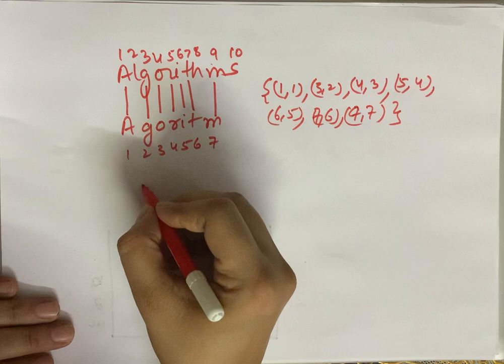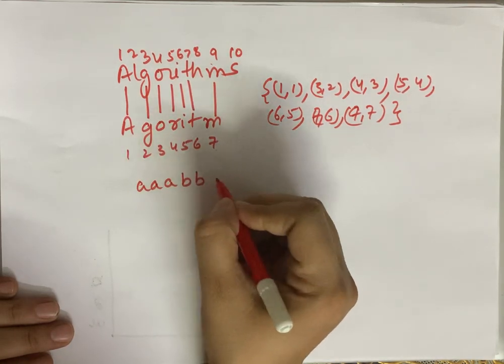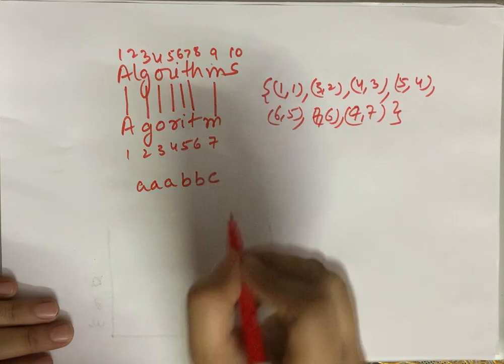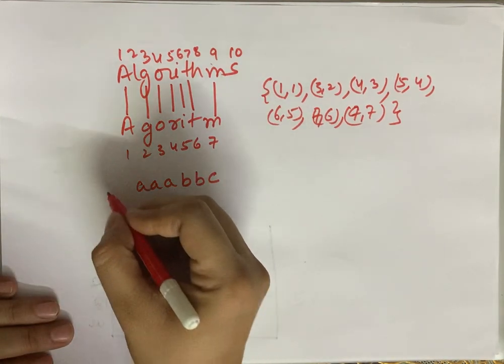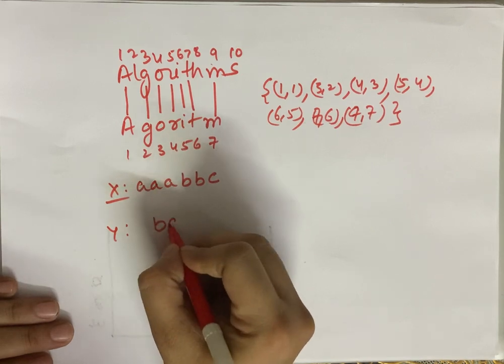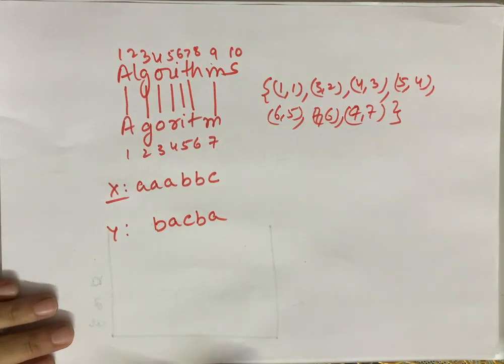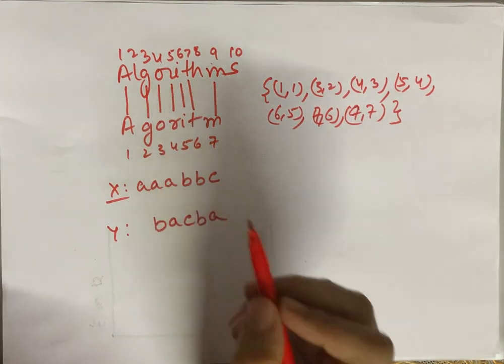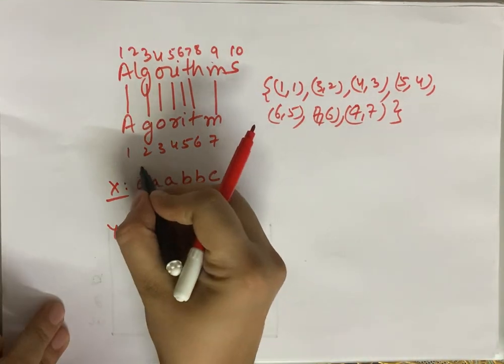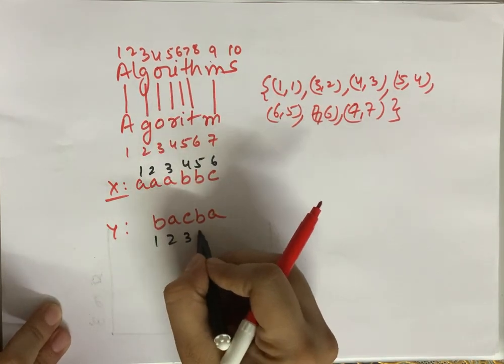Let me take another example. Supposedly I have a similar sequence like this. Supposedly this is some sequence X and this is some sequence Y. Now when I am matching over here, I will again number them as 1, 2, 3, 4, 5 and 6; 1, 2, 3, 4 and 5.